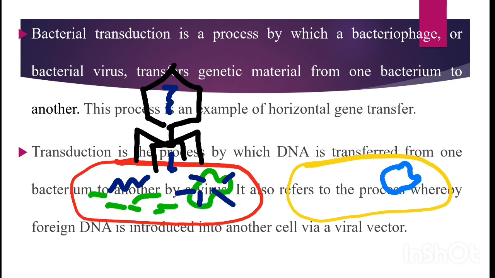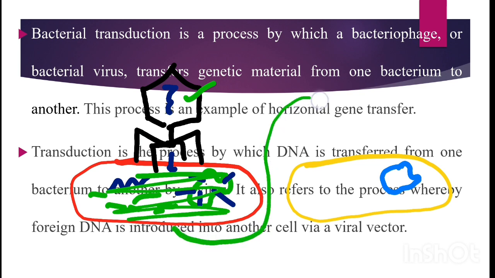After that, the bacteriophage creates mini bacteriophages inside the body of the bacteria, and finally they break down the cell wall and are released into the environment. The new bacteriophages formed inside this bacteria have bacterial DNA as well as viral DNA. When those infect another bacteria and release their genes inside that bacterial body, they release this bacterial DNA into that bacteria. In this way the gene transfer takes place.